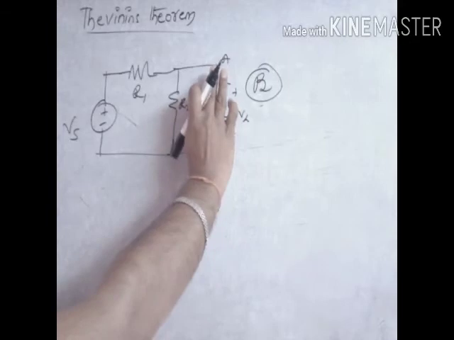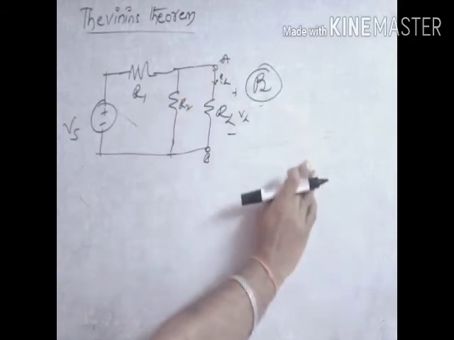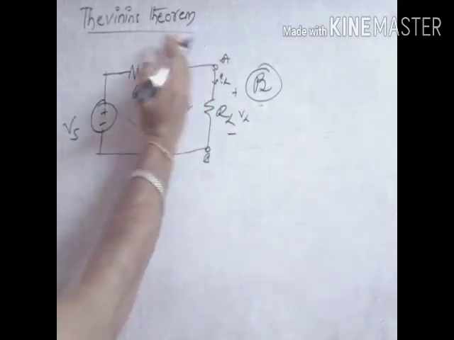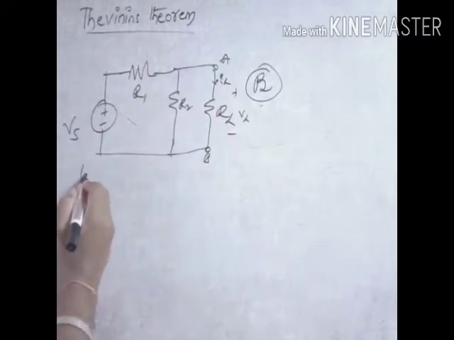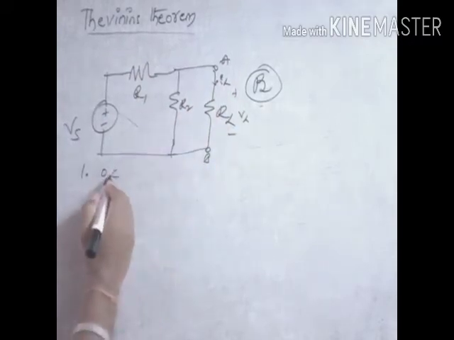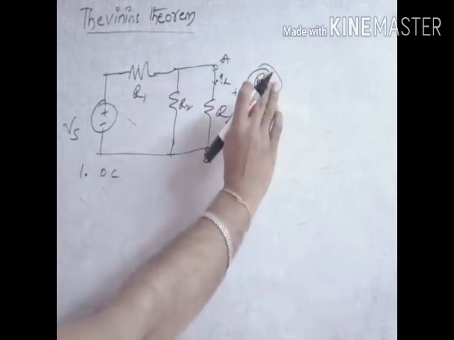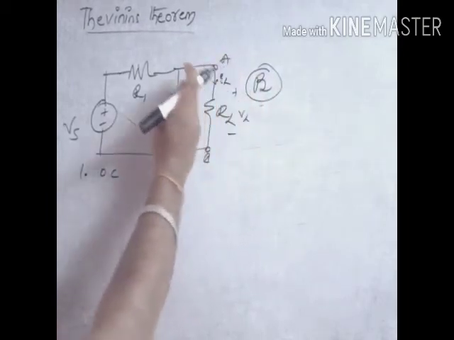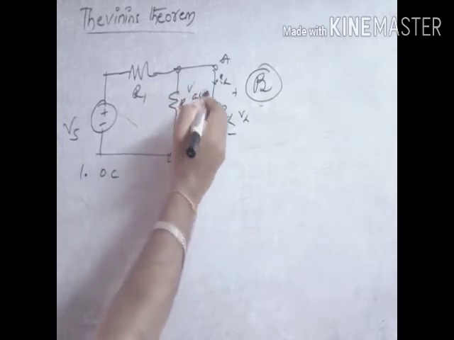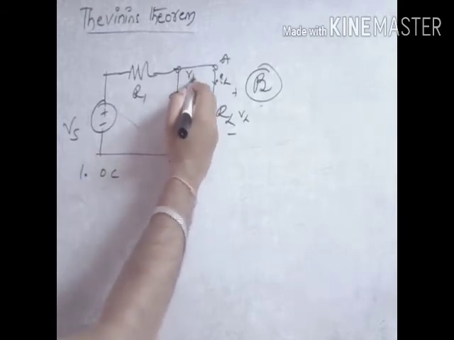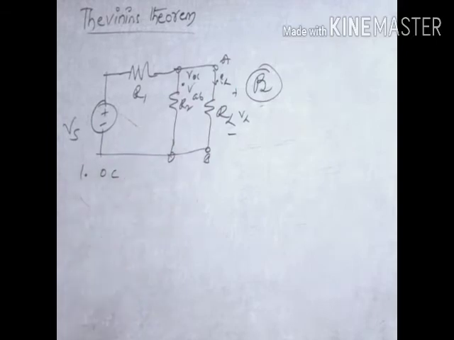Now we take the load terminals as they are and keep them aside, and simplify the remaining part. The first step is to open circuit the load terminals, that is, the AB terminals. If we open circuit them, the voltage across R2 is VAB, or VOC, the open circuit voltage, which equals VAB.